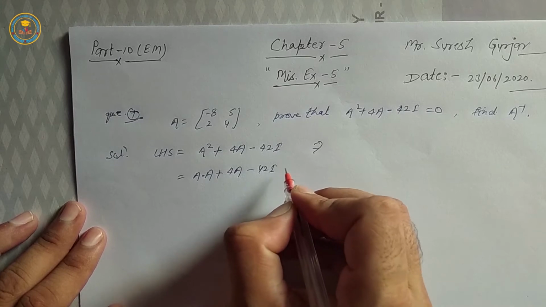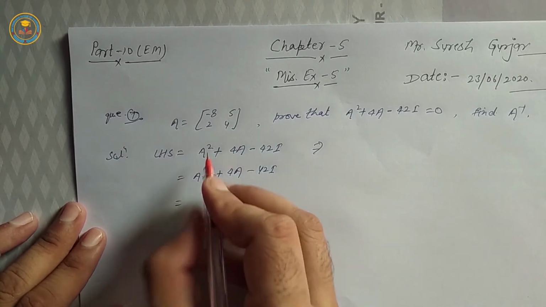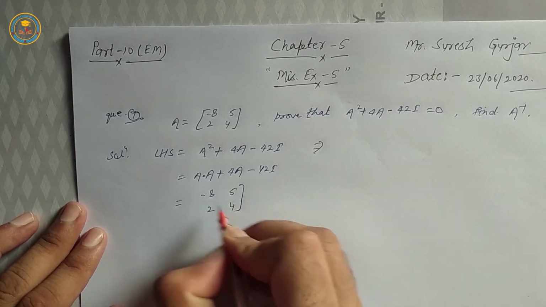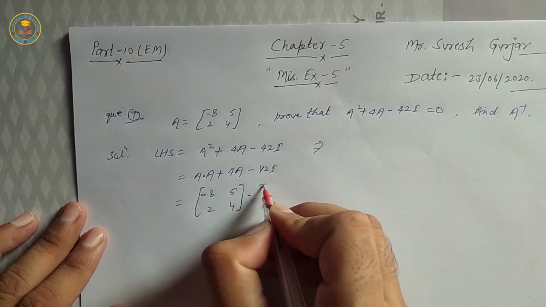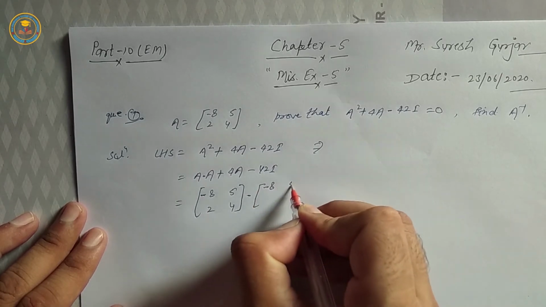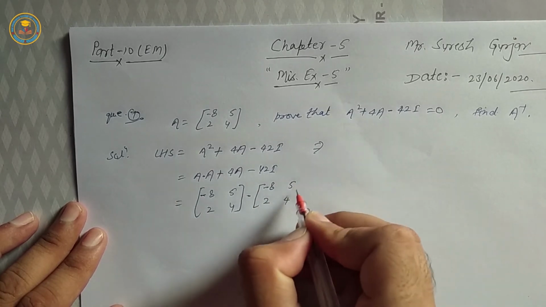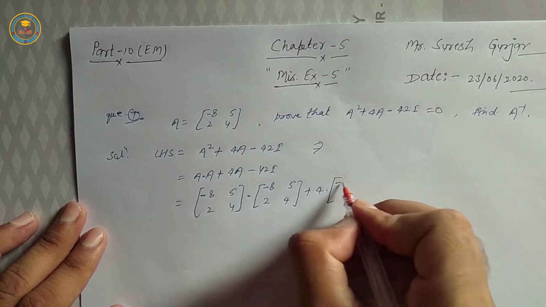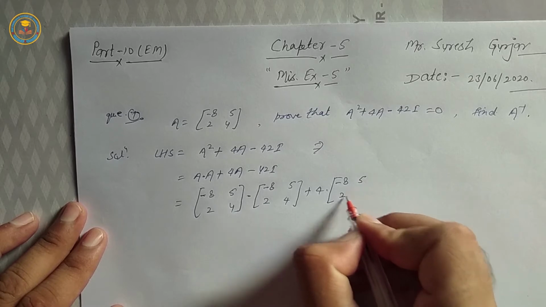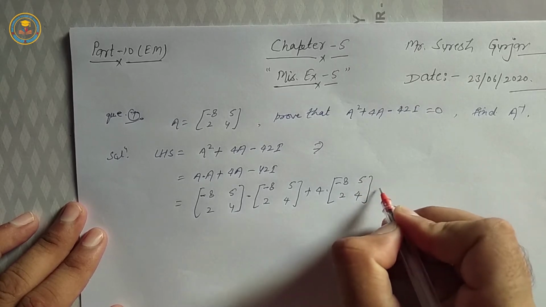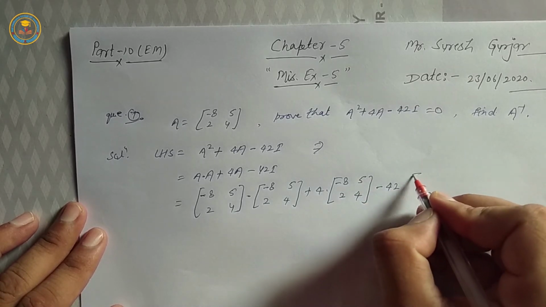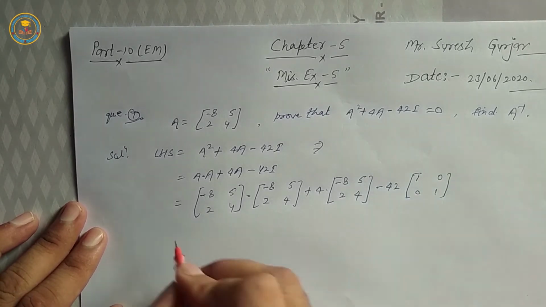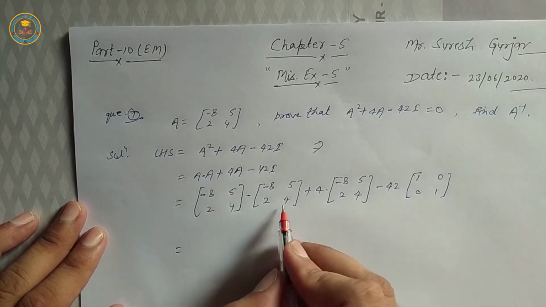I means identity. Matrix A into A, [[-8, 5], [2, 4]] into [[-8, 5], [2, 4]], plus 4 into matrix A [[-8, 5], [2, 4]], minus 42 into I, identity [[1, 0], [0, 1]]. Okay, is equal to matrix A into matrix A.